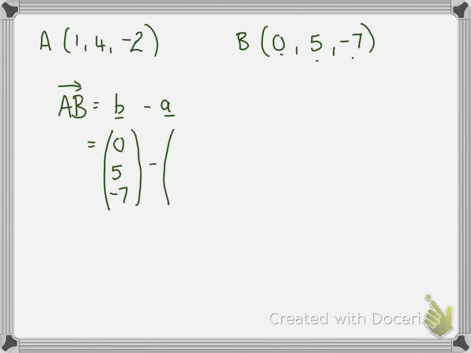And again, my coordinates of A would become components 1, 4, -2. So 0 take away 1 is -1, 5 take away 4 is 1, and that will become -7 add 2, which is -5. So it works in 3 dimensions as well.